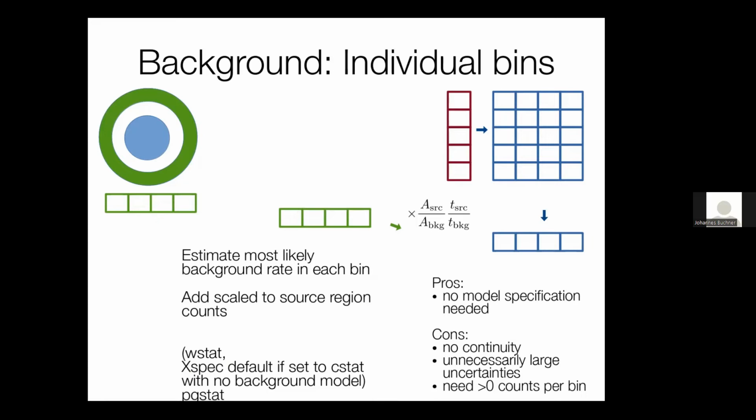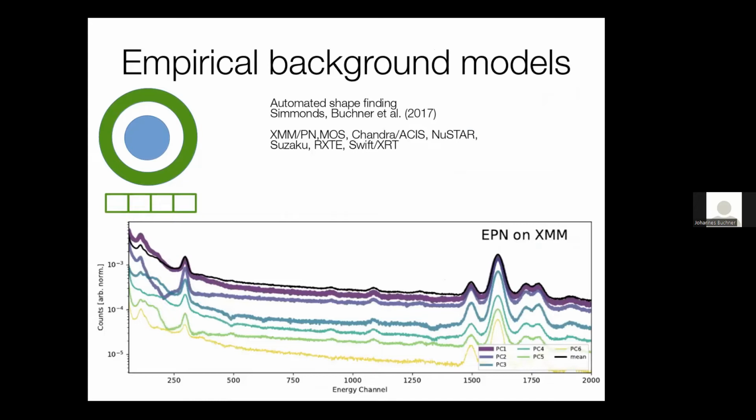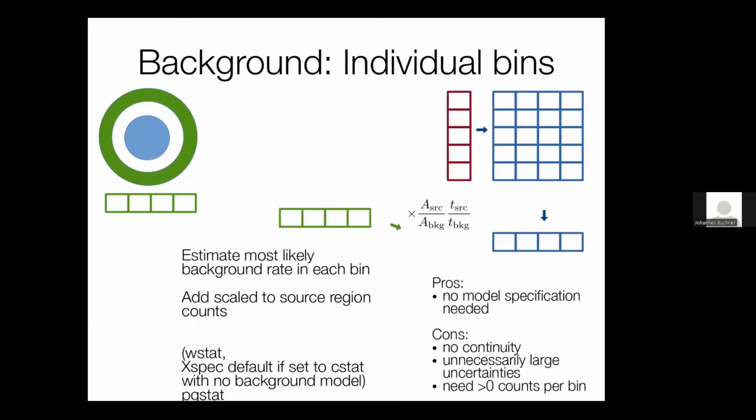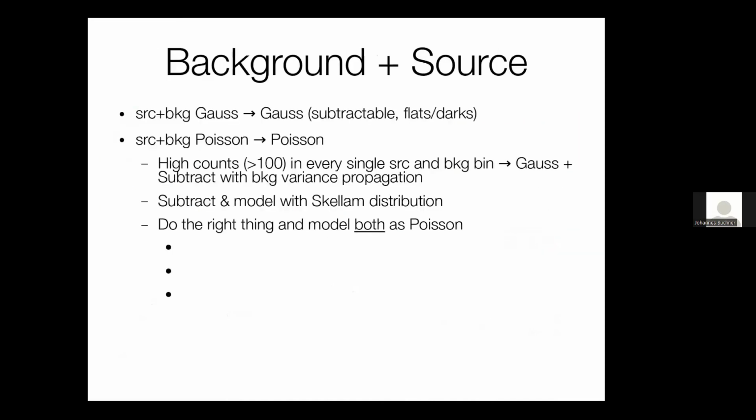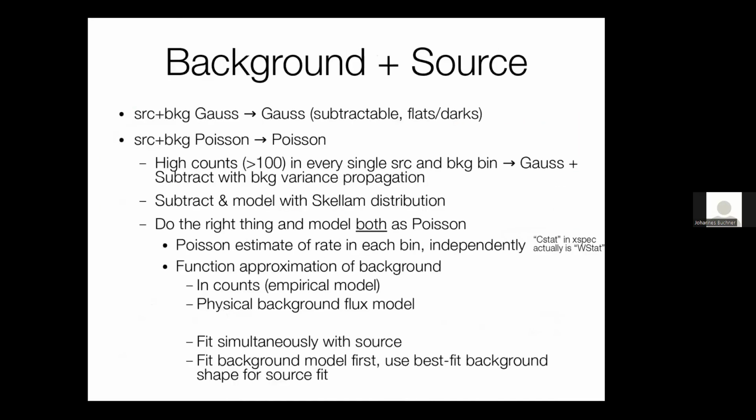You don't need to specify a model, that's good. But the drawback here is that this bin doesn't learn about what's going on in the neighborhood, so you don't have this continuity. You also get larger uncertainties than if you use an approach like this or this. And you need to deal with the 0 counts.